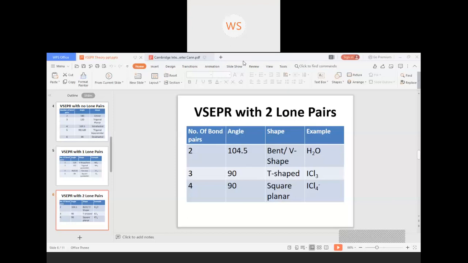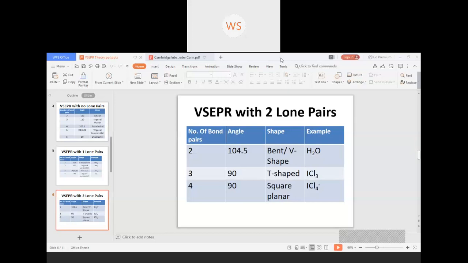The molecule is the polyatomic ion ICl4 negative, and the bond angle is 90. So it is the same angle, but different shape. One is T shape, one is square planar.